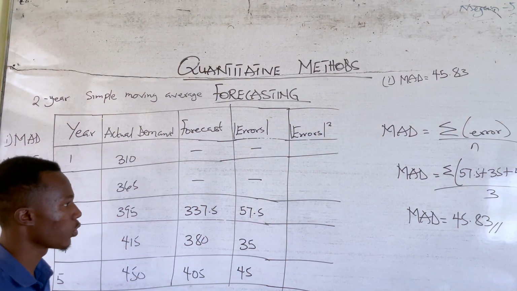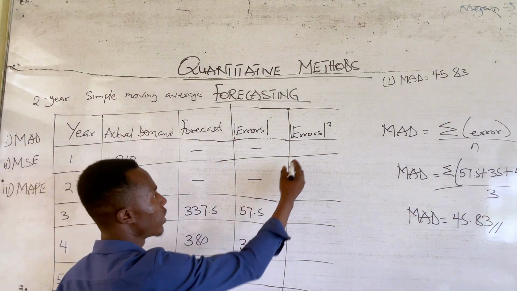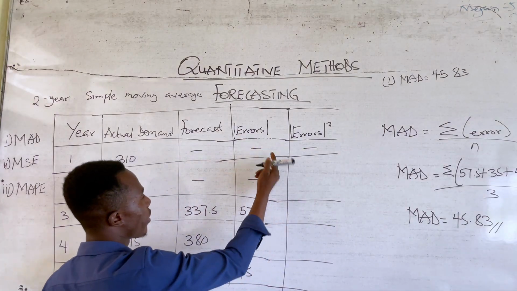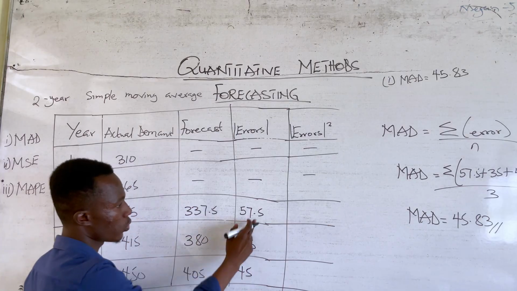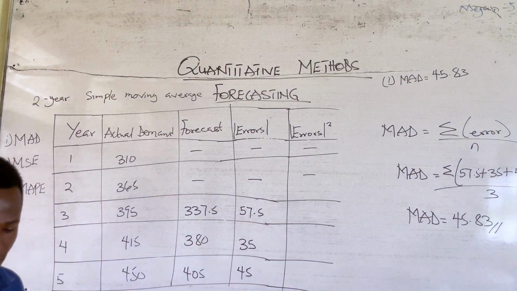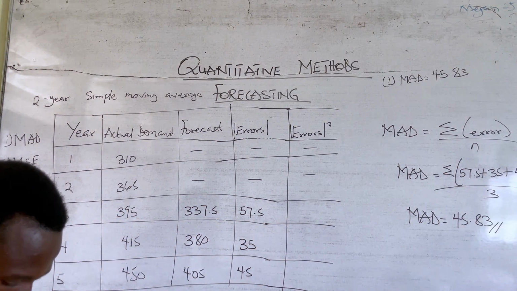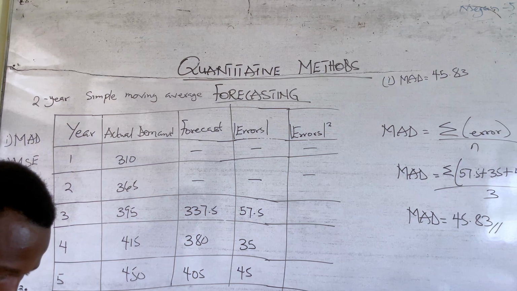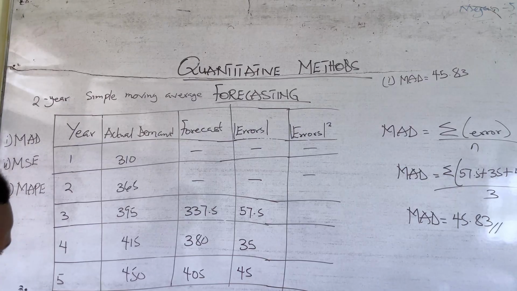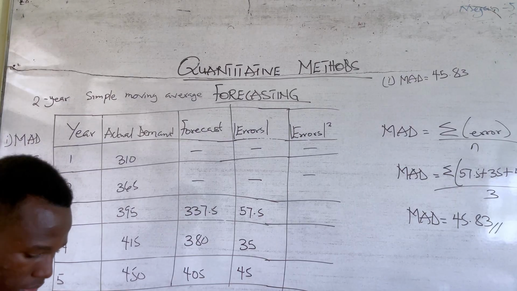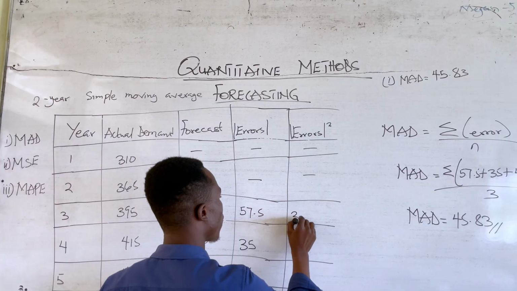Okay, so we are going to square all these values. Because we don't have any value here, here is also empty. So we are going to do it for the last three parts. So we have 57.5 squared, right? So that one will give us 3,306.